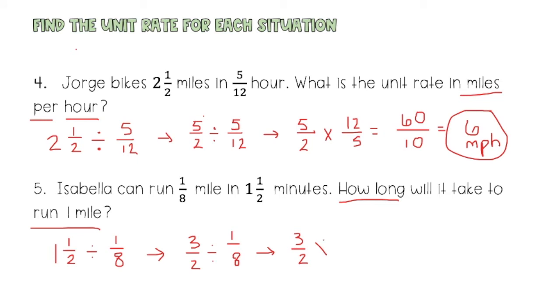We're going to change our sign to multiplication, and we are going to flip or use the reciprocal for our second fraction. 3 times 8 is 24, and 2 times 1 is 2. So when I simplify this, my answer is 12. And I have to remember to label my work. What we were solving for in this problem was how long it will take to run 1 mile. So it will take 12 minutes per mile.